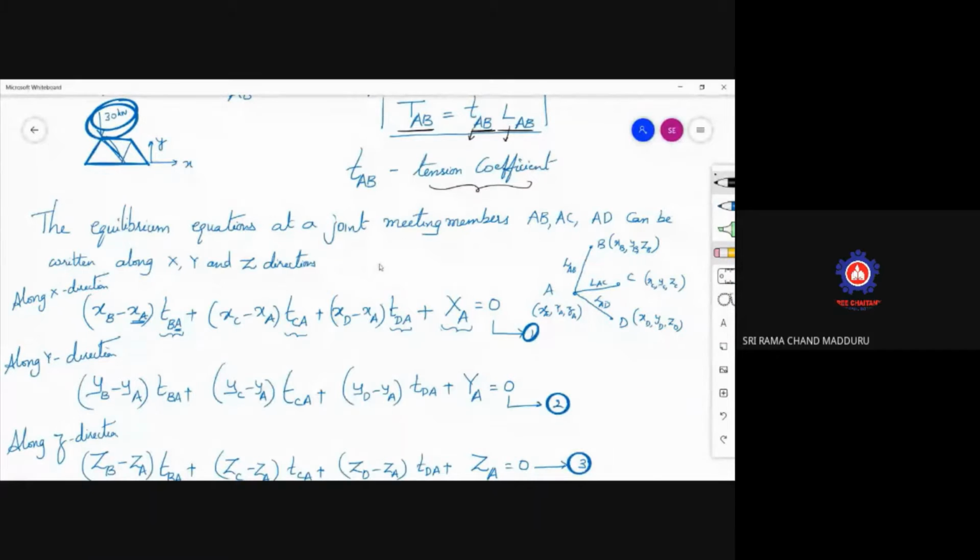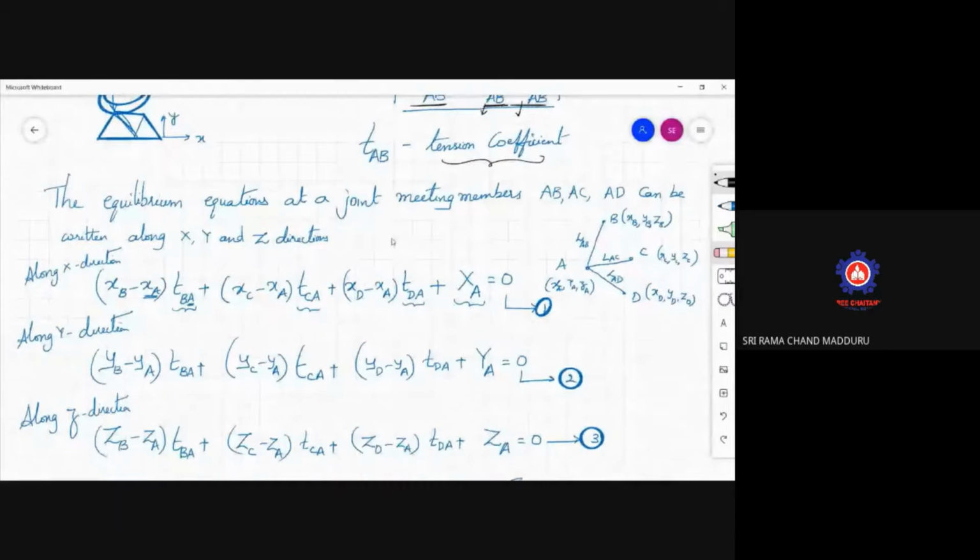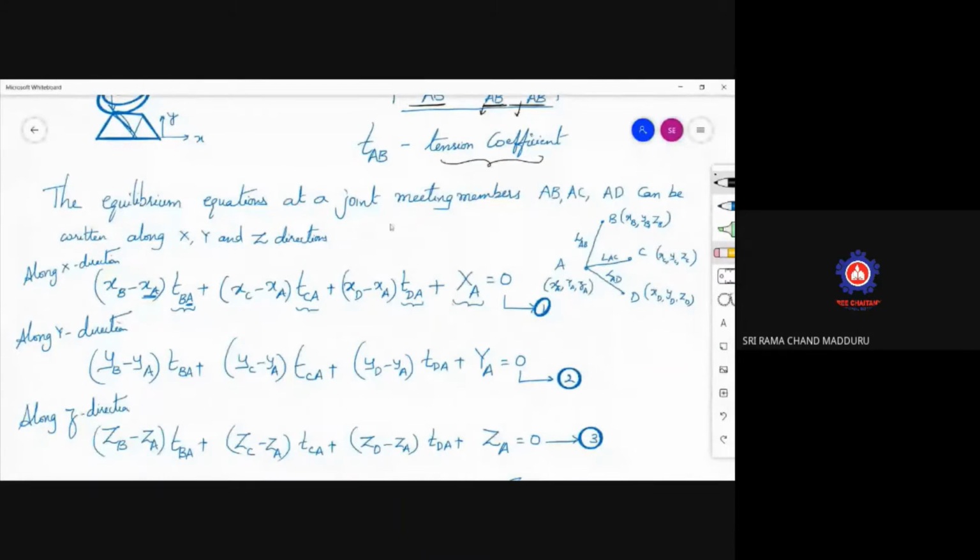So what we have done is write the equilibrium equations at the joint. Now consider a joint where three members are meeting. The three members are AB, AC, and AD. The lengths of the members are LAB, LAC, LAD.